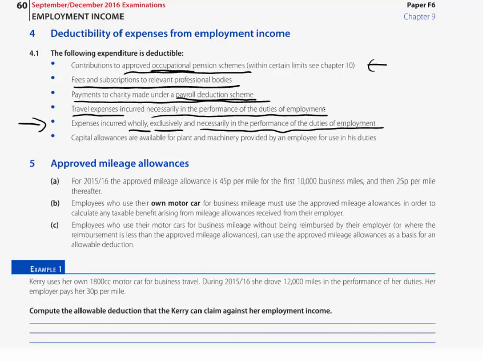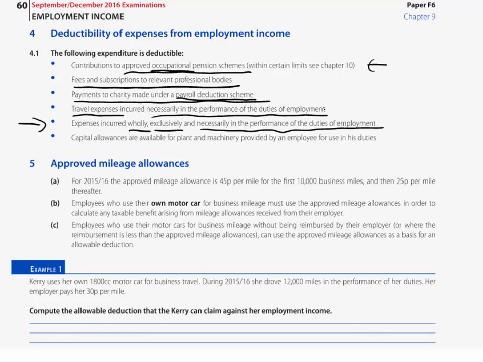Now, how we deal with those payments and indeed then the reimbursement of them, we will see again as we go through the next section of these notes. But if you were left paying such travel expenses there, then those, if not reimbursed by the employer, would indeed be allowable deductions from your employment income assessment.